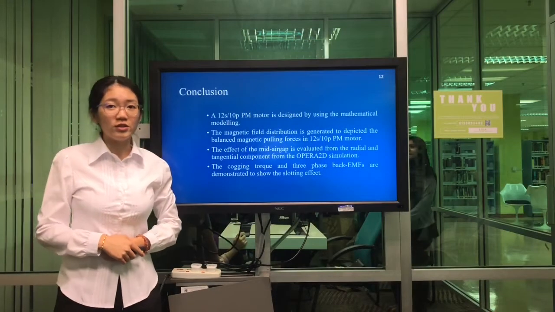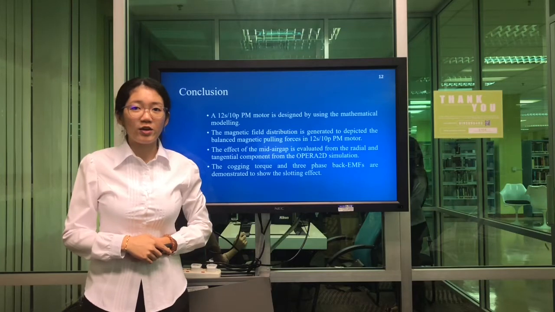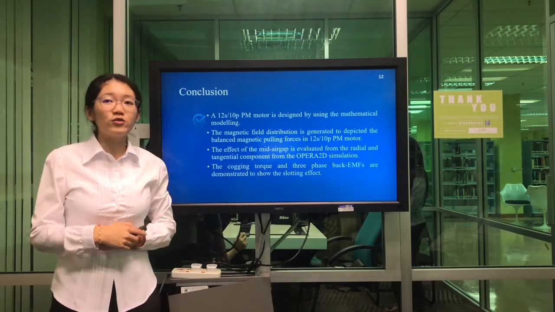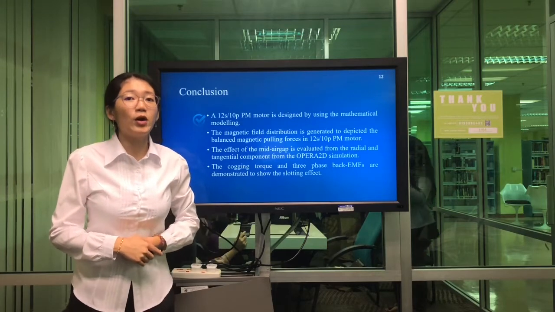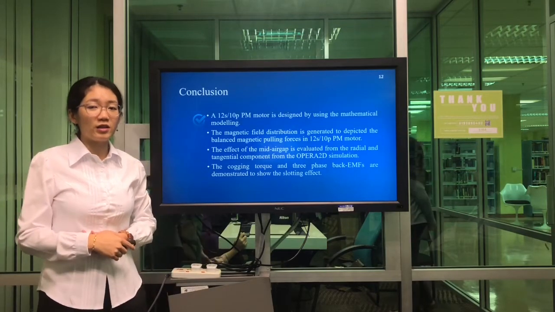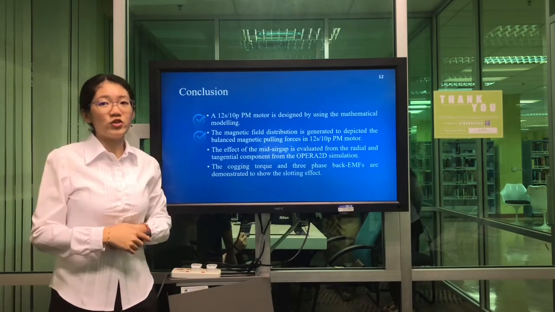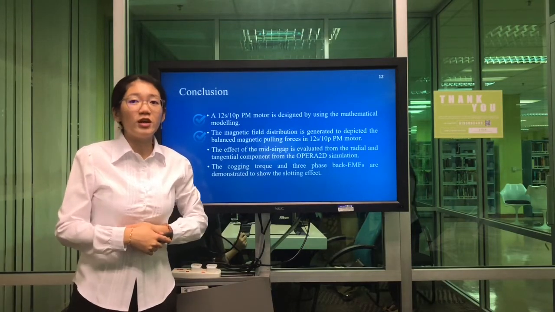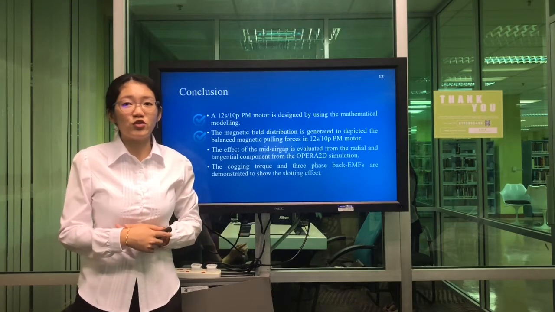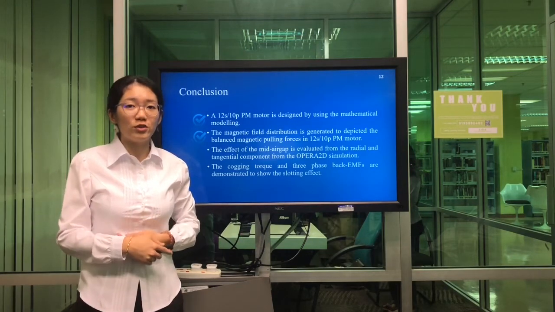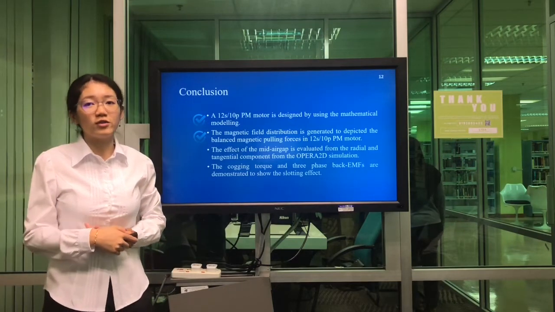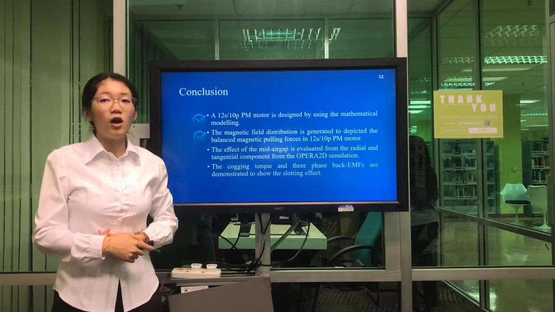As a conclusion, through this mini project, we have successfully designed a 12-slot, 10-pole permanent magnet motor by mathematical modeling. We have also achieved the magnetic field distribution generated using Opera 2D to depict the balanced magnetic pulling force in the 12-slot, 10-pole permanent magnet motor.